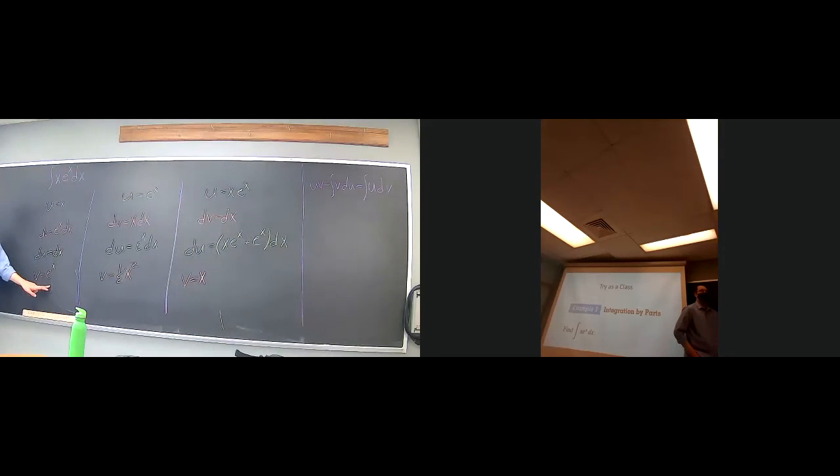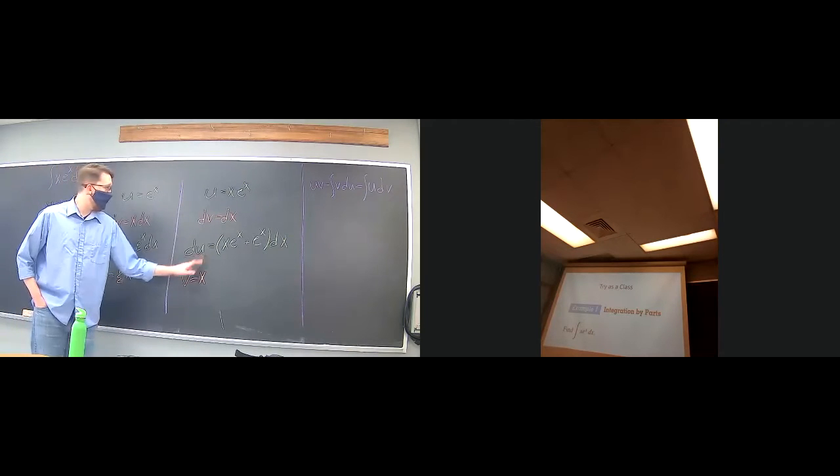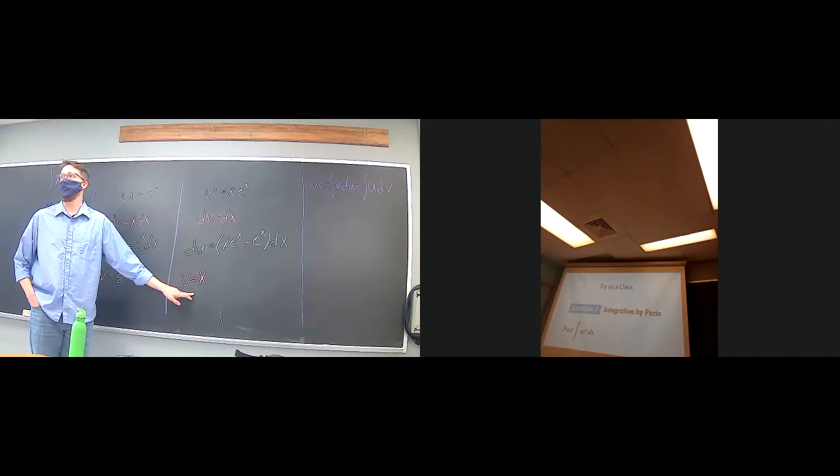The first candidate looks like the best one, doesn't it? Because if we use it, then we're just integrating e to the x. The second candidate, we've increased our x by a power. The third candidate, oh hell no. That is not easier. We don't even want to try. So, first candidate it is, right?